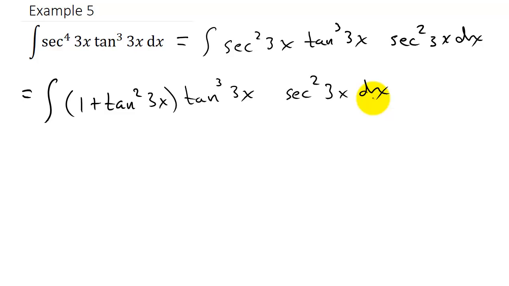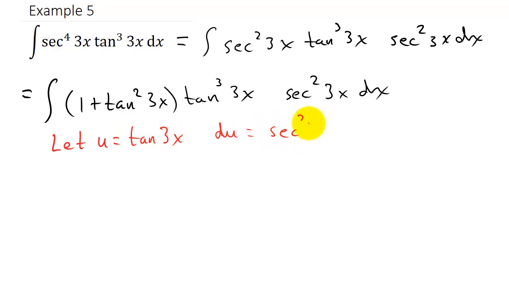Now I can replace tangent 3x with u. So I'm going to let u equal tangent 3x. That means du is equal to, remember how to take the derivative of this?